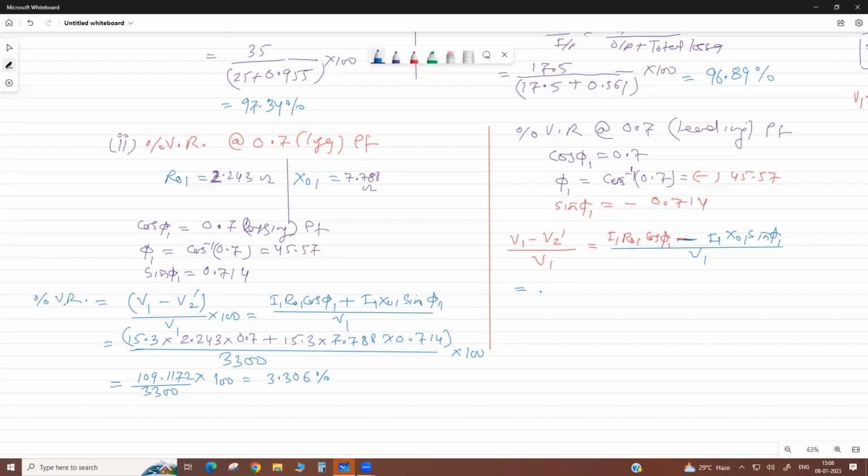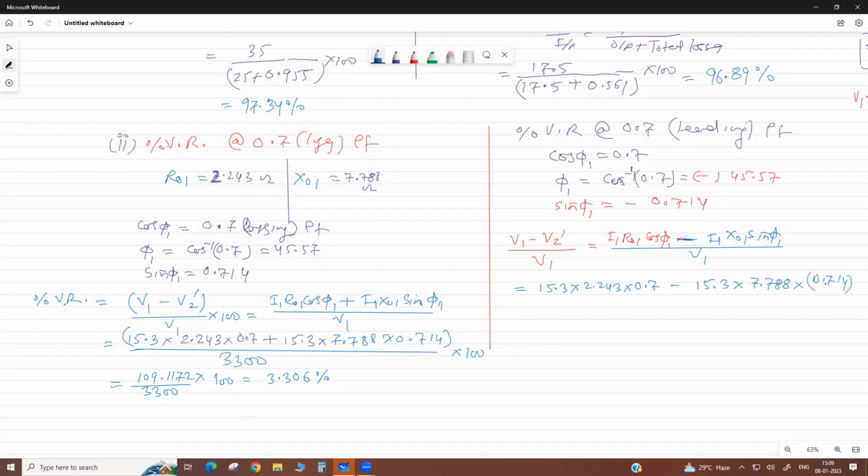Now I1 again is 15.3 into R01 2.243 into 0.7 minus 15.3 into X01 7.788 into sin phi value, which will be the same 0.714 but negative.